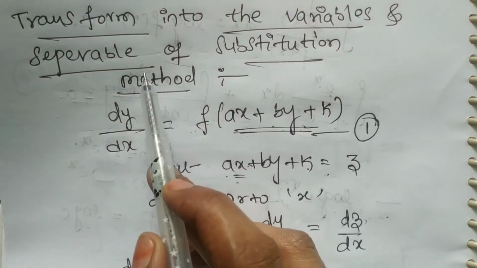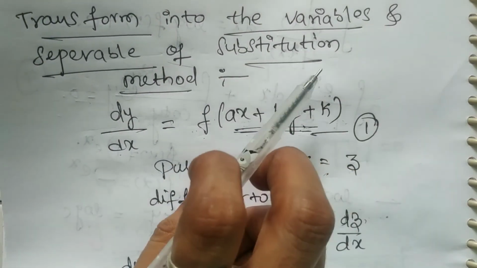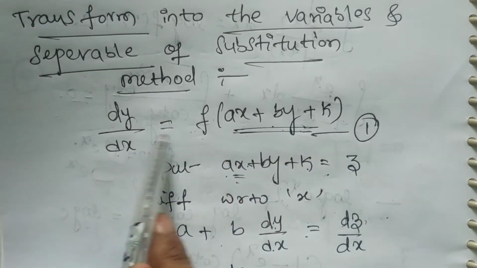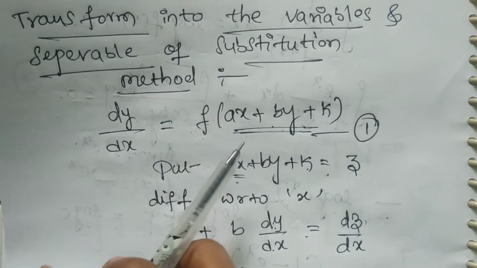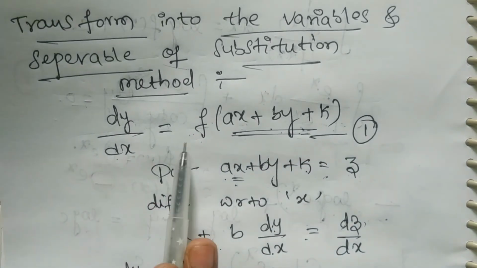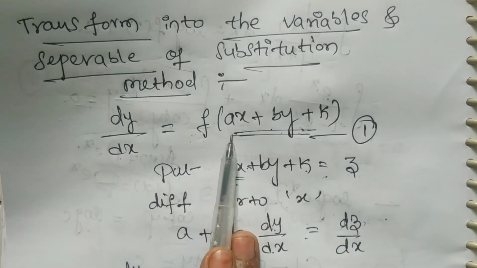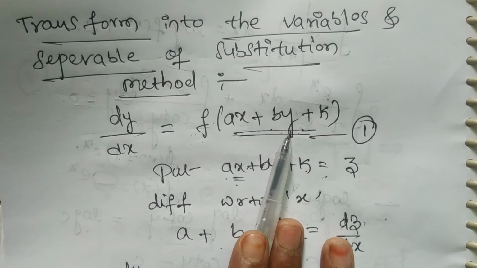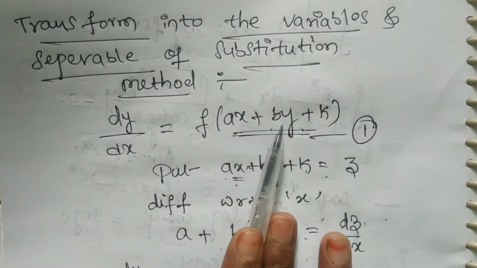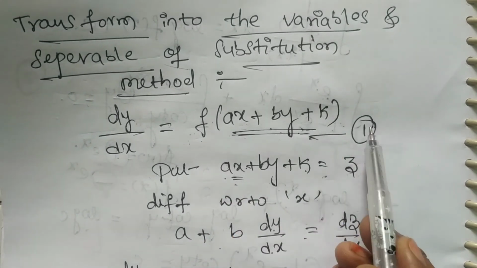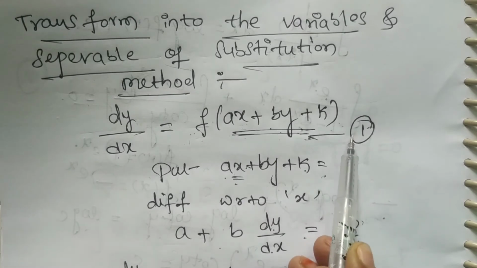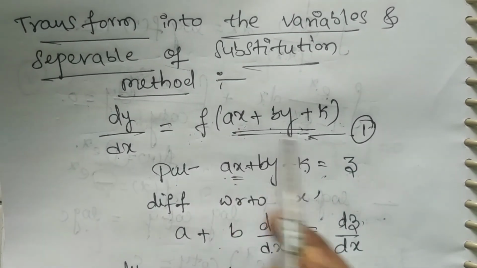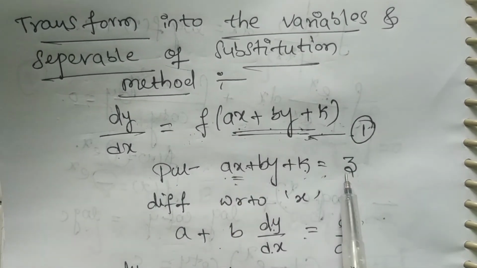Transforming into variable separable form by the substitution method. Suppose the problem is given in the form dy by dx equal to f of ax plus by plus k. In this method we use substitution. This is equation 1. Put ax plus by plus k equal to z.